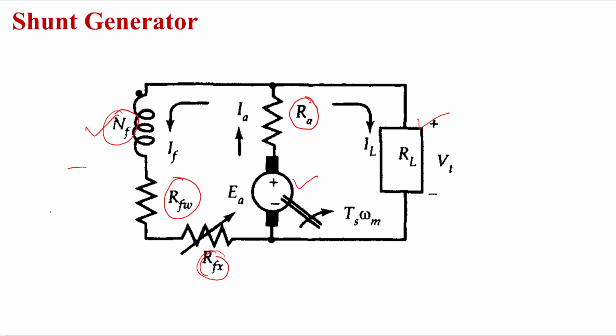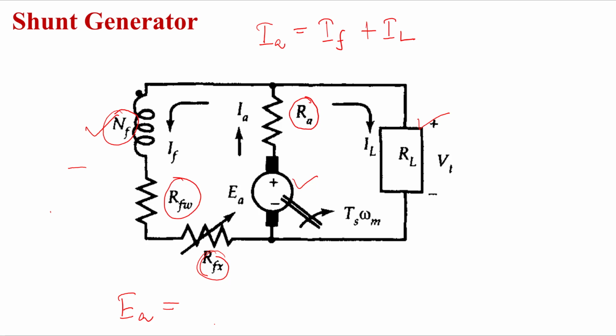So now I'll write the governing equations. How will I write? Under steady state, I can write IA is equal to IF plus IL. Very good. Now if I write the equation of the generated EMF EA, how much will it be?